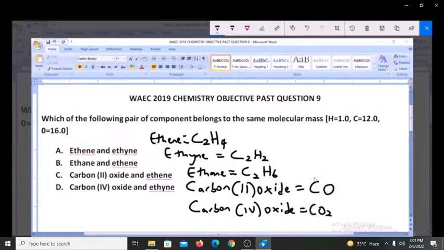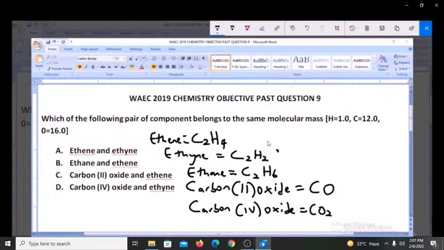So the first option A is ethene and ethyne. We can see that ethene has 2 carbon atoms and 4 hydrogen atoms, and ethyne has 2 carbon atoms and 2 hydrogen atoms. So mathematically it's impossible for them to have the same molecular mass.